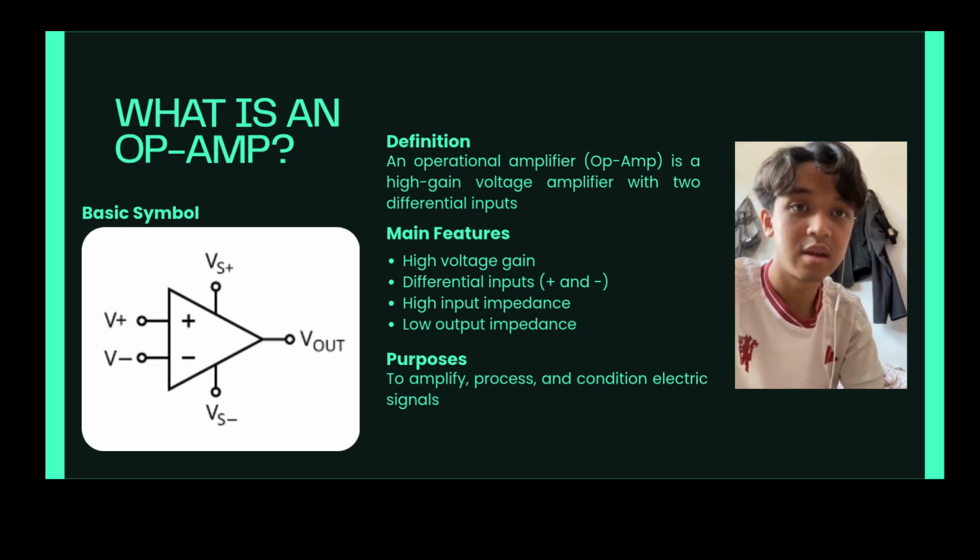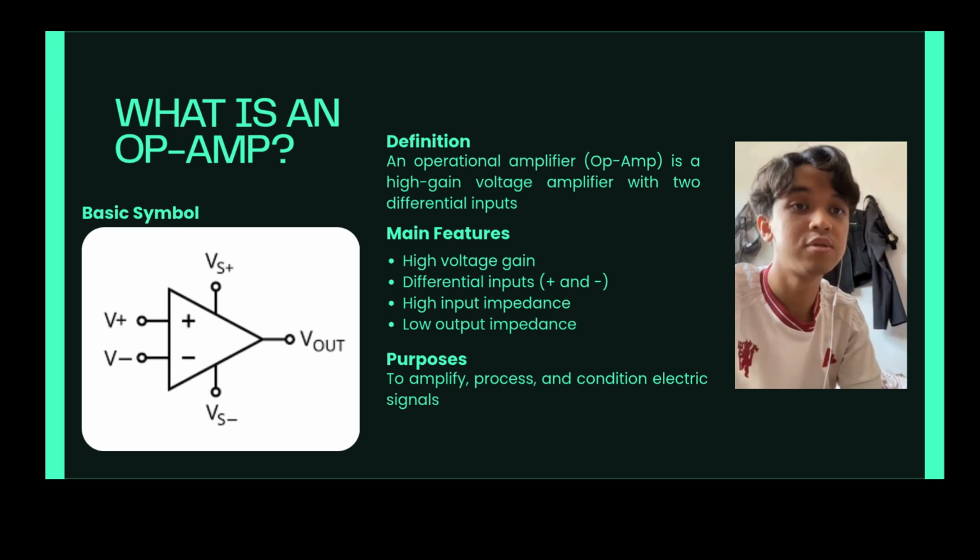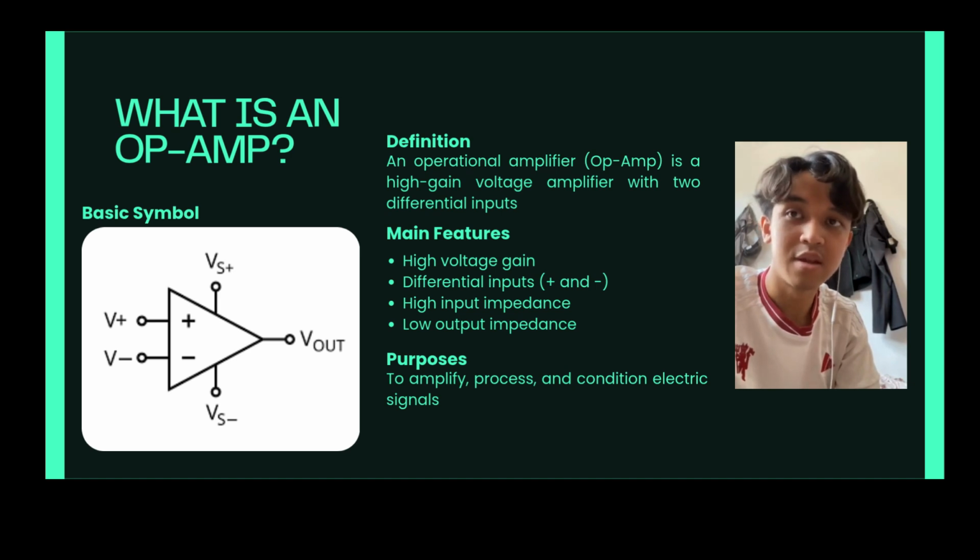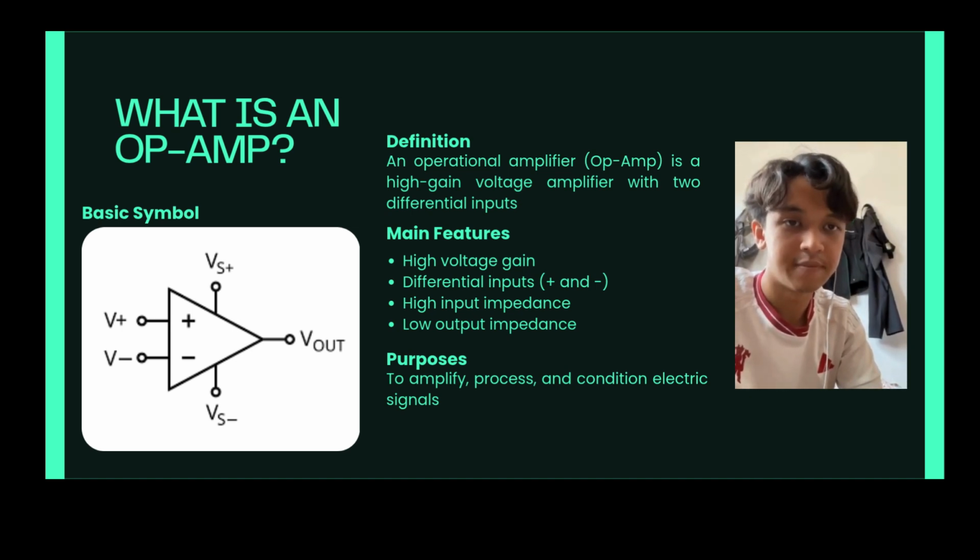What makes an op-amp so special and widely used are its four key features. High voltage gain. It can immensely amplify a tiny difference between its inputs. Secondly, differential inputs. It amplifies the difference between the plus and minus terminals. Third, high input impedance.